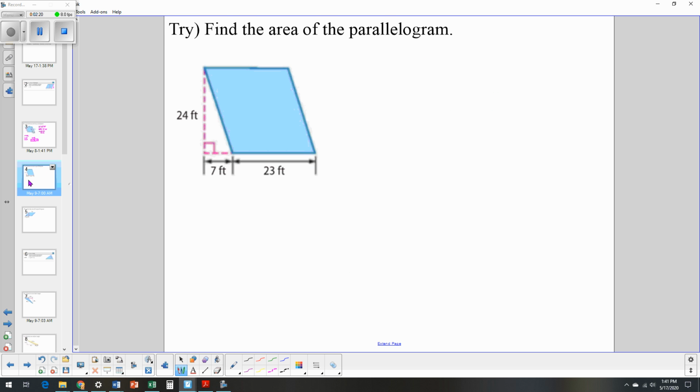So go ahead and try the next one. Notice that the 24 is on the dashed line, so that means 24 is our height. And we have two different numbers down here. We're looking for the base value. The only part that's part of the parallelogram, that's the base. So go ahead and find the area, pause, and when you're ready, come back and check your answer.